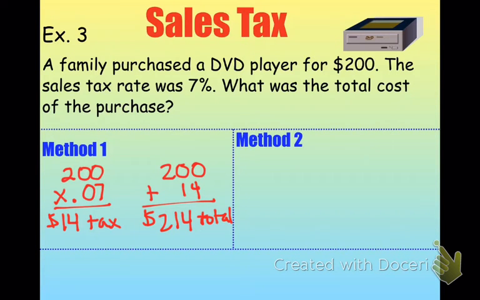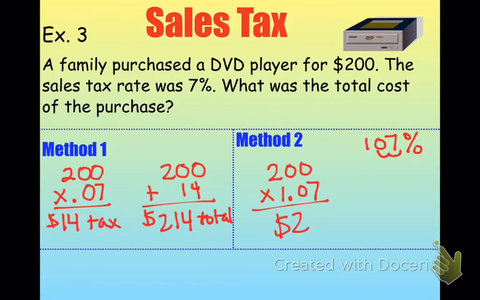All right, that's method number 1. For method number 2, we take our $200 and multiply it by 100 plus 7, which is 107%. Move the decimal twice, 1.07. This will give us the same final answer of $214. Again, same idea, just two different methods of doing it, just preference.